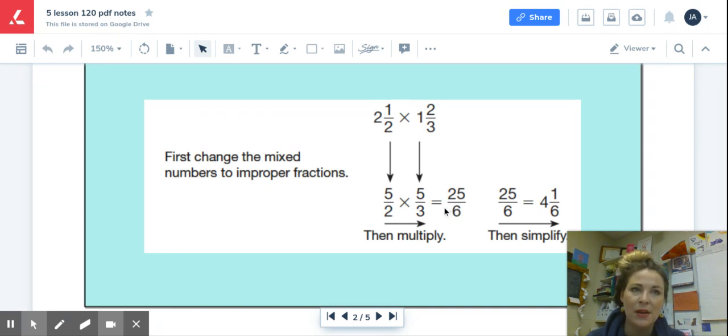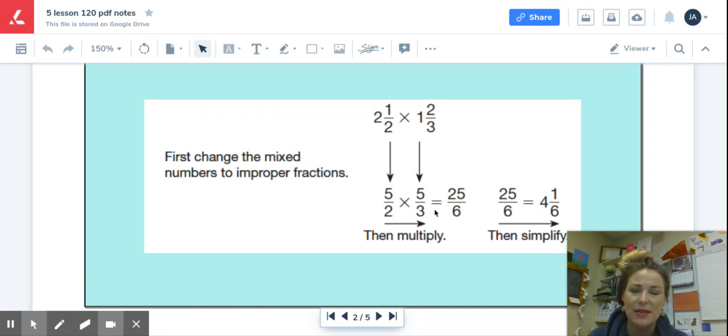Now, in working with improper fractions, mixed numbers, and fractions, simplify is a word that's used because it means more than just reduce. Reduce implies you're just making those smaller. Simplify means you're checking for reducing, meaning do they have common factors? Can we make this smaller?